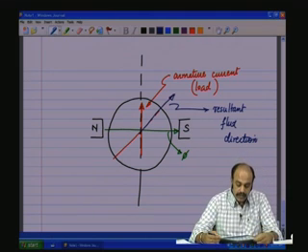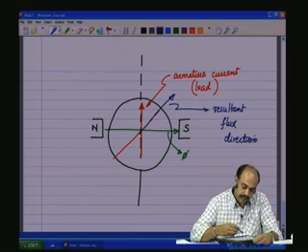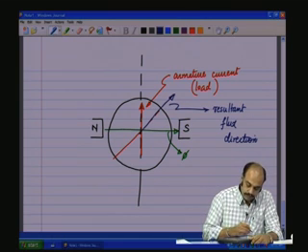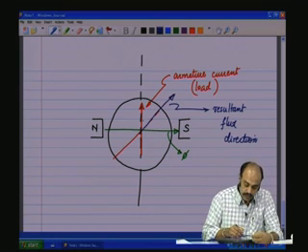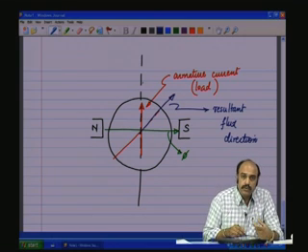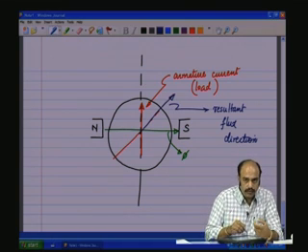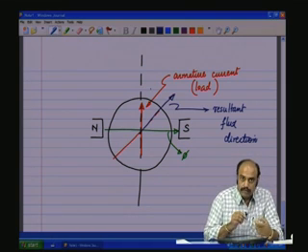So, because of this, one major problem is that the brushes which were supposed to be located in the neutral zone, because in the neutral zone there is no voltage induced in the coil, at that point the brushes short circuit the coil and there is no problem.